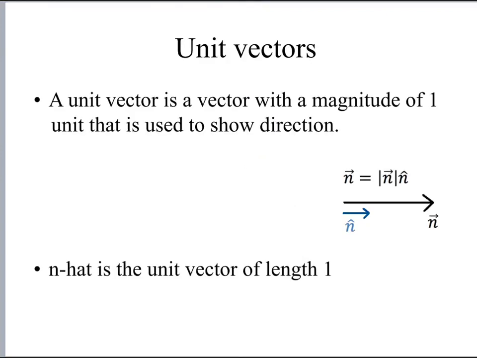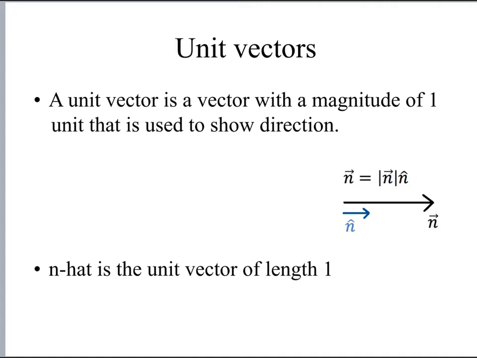Okay, so I want to go off on a little bit of a tangent here. We'll get back to the picture in the previous slide, but it's important that we understand how to deal with the directions of vectors. We've already seen that you could use an angle to represent the direction of a vector, but there's actually a more generalized way, and that's to use something called unit vectors.